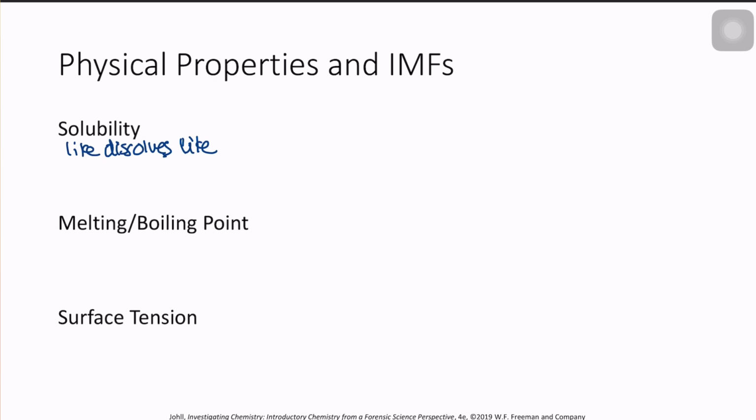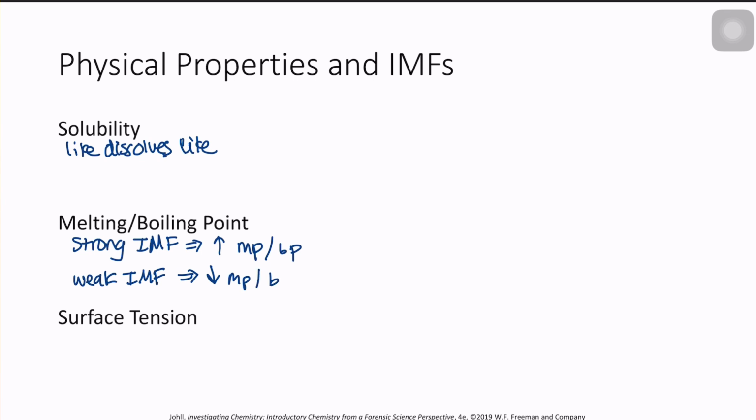And the same is going to be true with melting as well. So, the stronger the IMF, the higher your melting point or your boiling point. The weaker the IMF means you're going to have a lower melting point or boiling point.